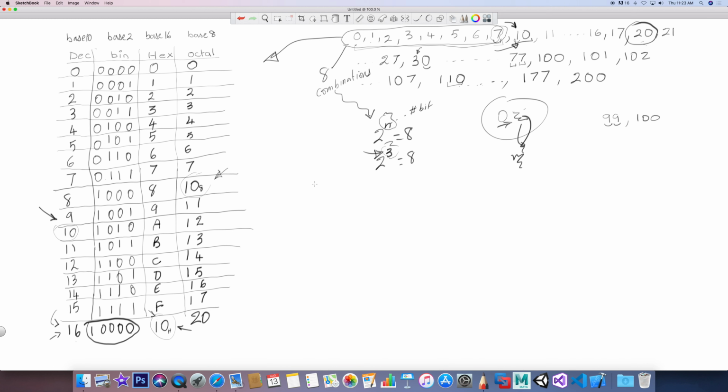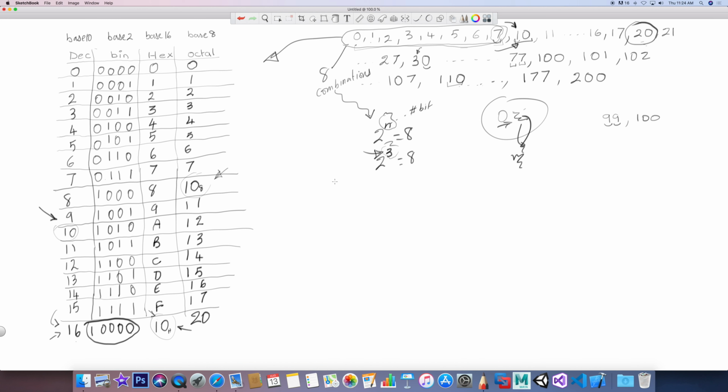What you did is you divided by 2 all the way. Can we divide by 8? Or, the other way, remember when we did binary to decimal?